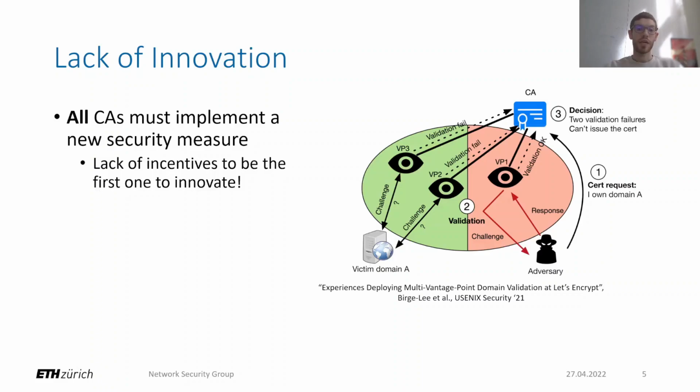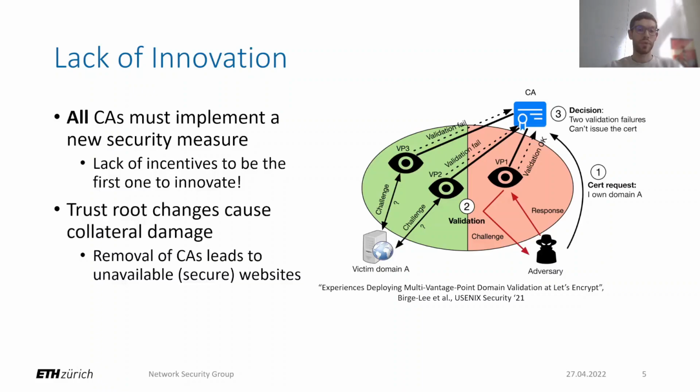But even if an attacker can no longer use hijacking to issue a bogus certificate from Let's Encrypt, the attacker can simply target any other CA using regular ACME. The second problem is that we cannot just remove CAs that do not implement security features from the set of trusted CAs, since this would render a large number of secure domains unavailable.